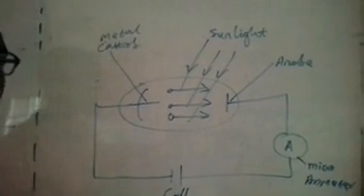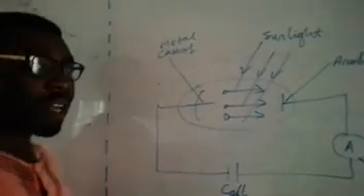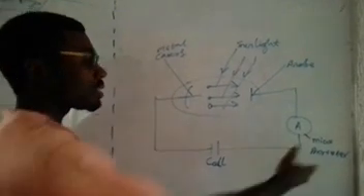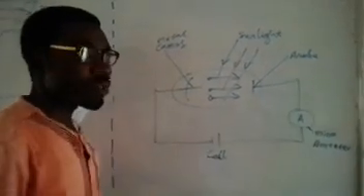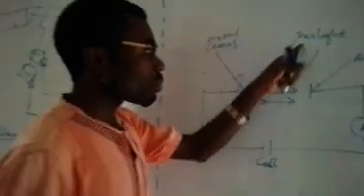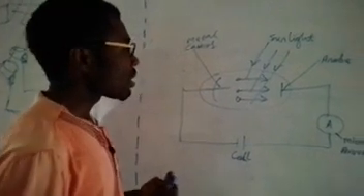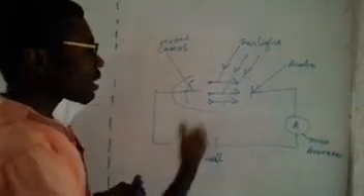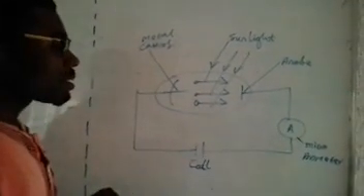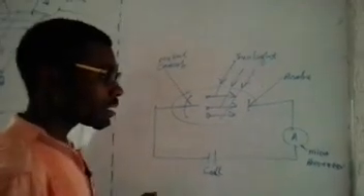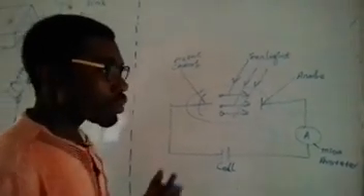In photocells, it's being stored, which you can use as a direct current, or we can as well use something like an inverter to convert it to alternating current to use. You can see a microammeter can be used to detect the current produced when the sunlight falls on the tube. So this is a method of generating electricity through sunlight.